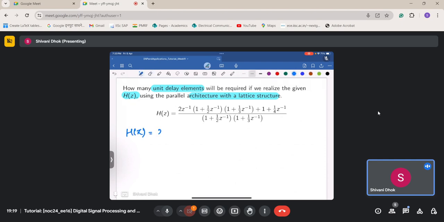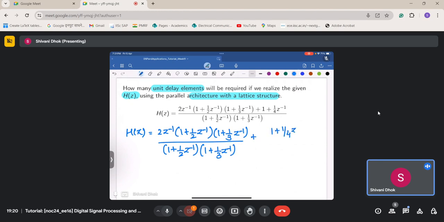I can write as 2Z inverse into 1 plus 1 by 2Z inverse plus 1 plus 1 by 3Z inverse, divided by 1 plus 1 by 2Z inverse multiplied by 1 plus 1 by 3Z inverse, plus 1 plus 1 by 4Z inverse divided by 1 plus 1 by 2Z inverse into 1 plus 1 by 3Z inverse.